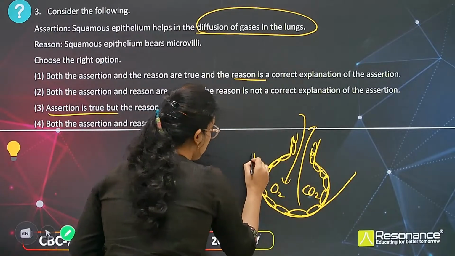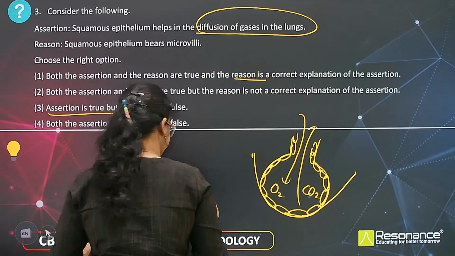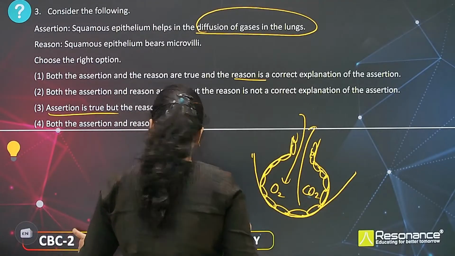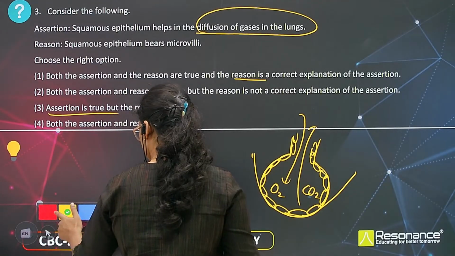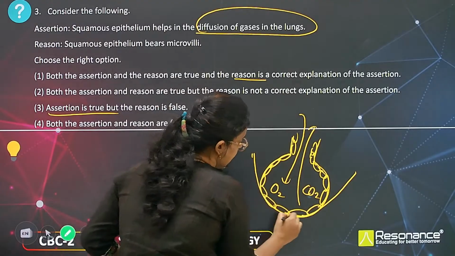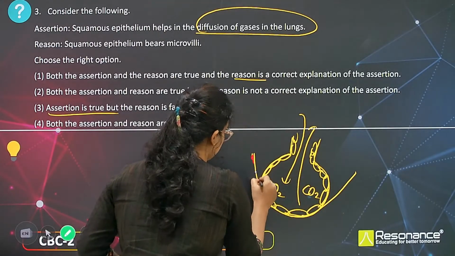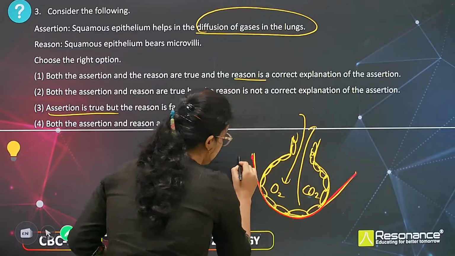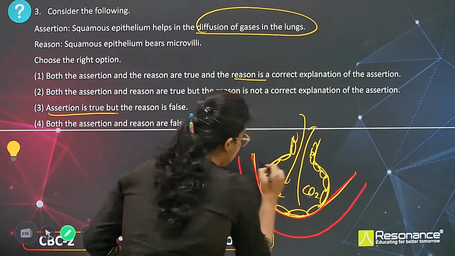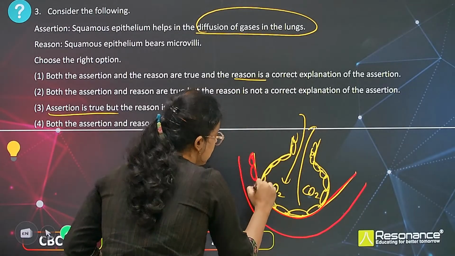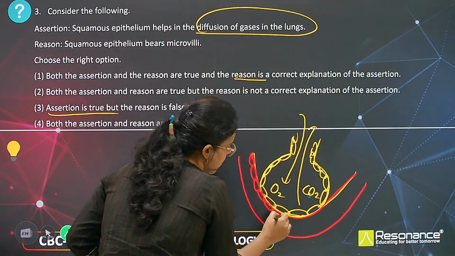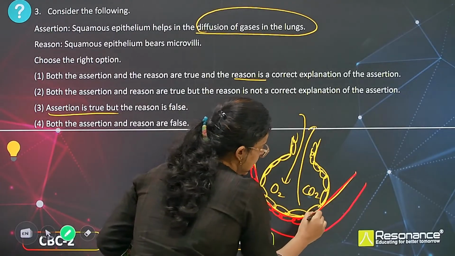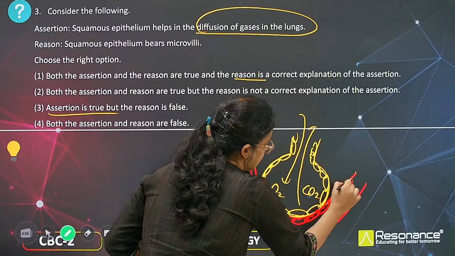We have one more tissue, that is capillaries, and the inner lining of the capillaries is also made up of a single layer of cells.